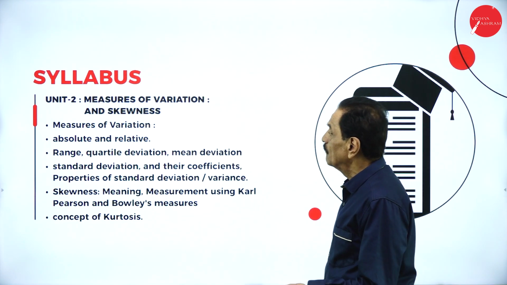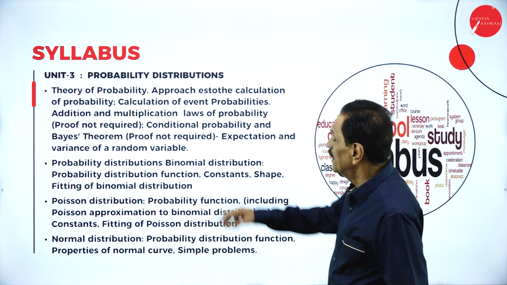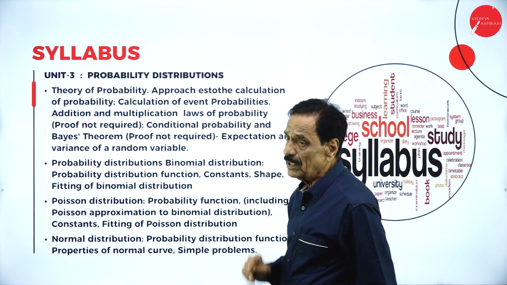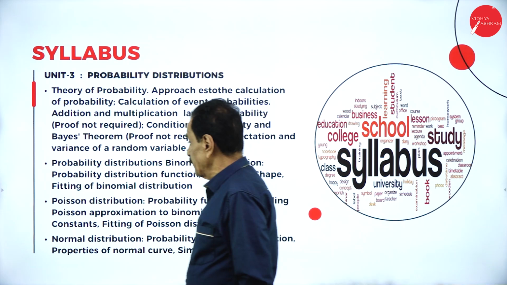Then we'll move on to unit 3, probability distribution, theory of probability.